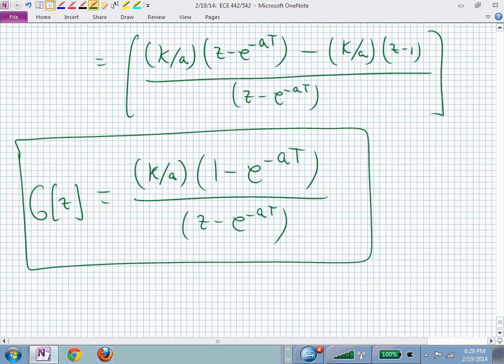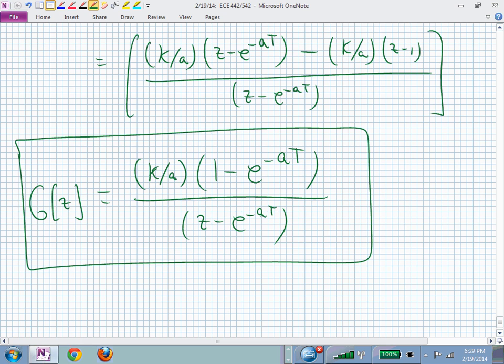Now, I said this will hopefully not look so difficult. What do we have here? How many poles do we have? We just have a linear term in the denominator, linear in z. We only have one pole, don't we? And where is that pole located?